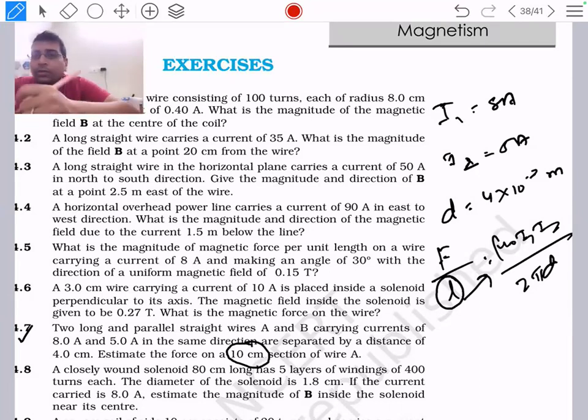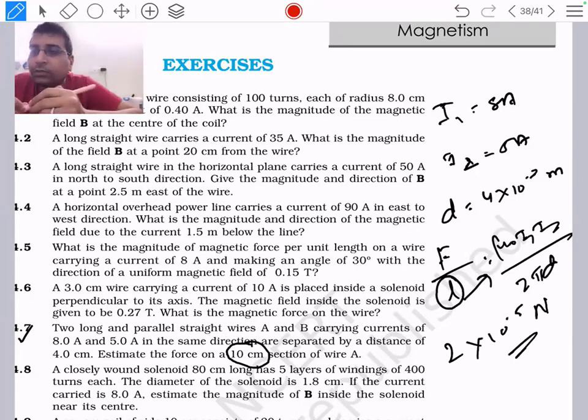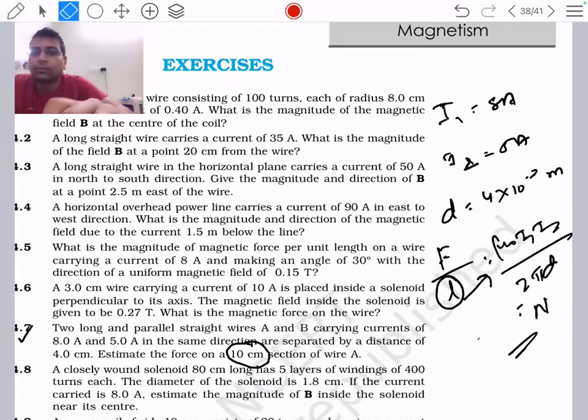2 into 10 power minus 5 Newton. I'm not sure. Anyone else who has solved this? See, mu naught by 2 pi is 2 into 10 power minus 7. Correct?